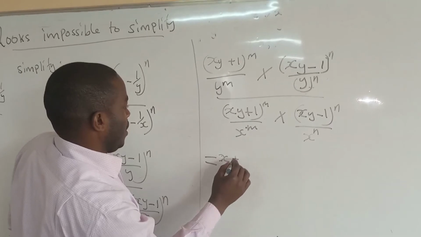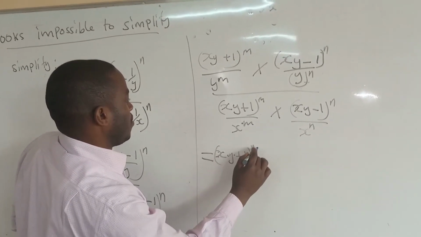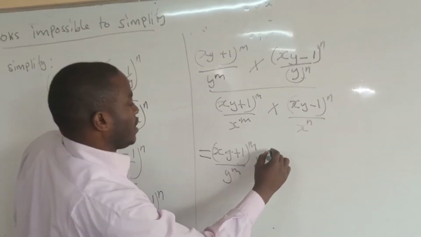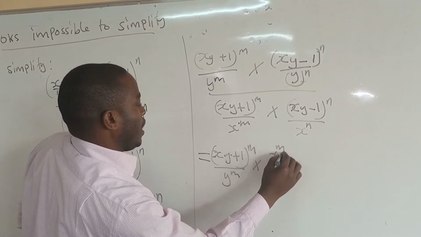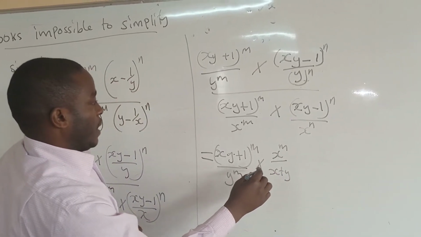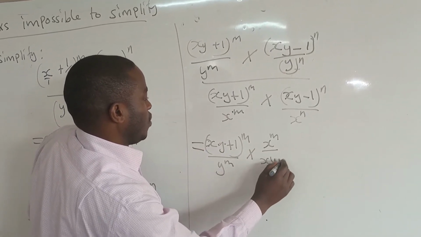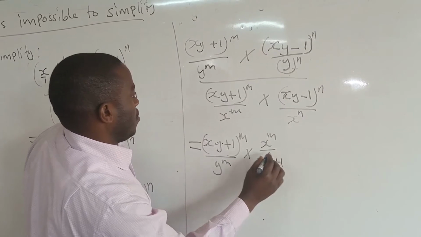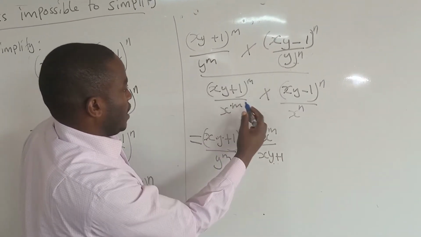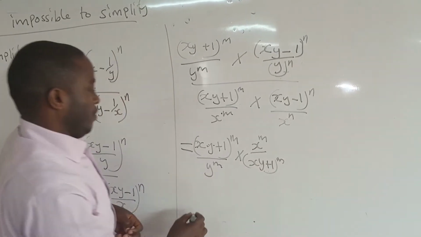xy plus 1 power of m all over y power of m times, we do this, it becomes x power of m all over xy plus 1 power of m.